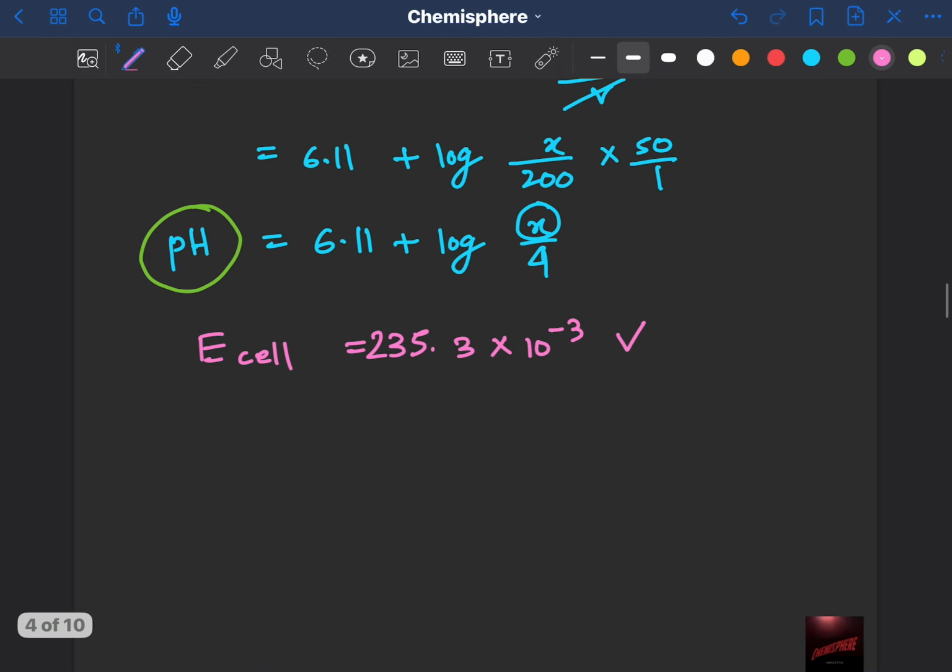We know that E cell is equal to E cathode minus E anode.